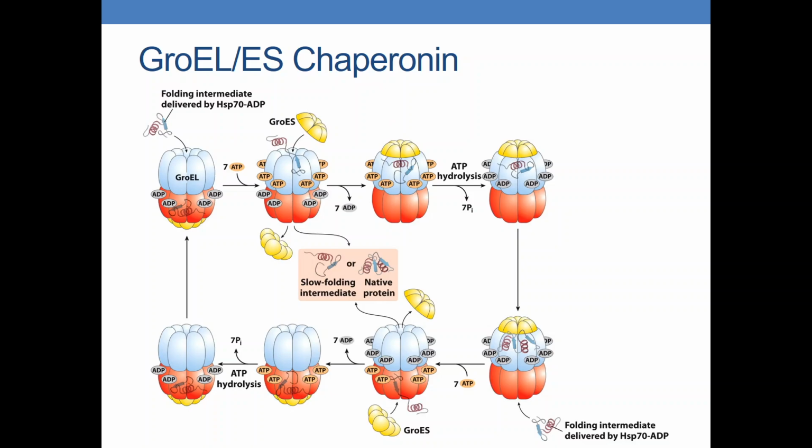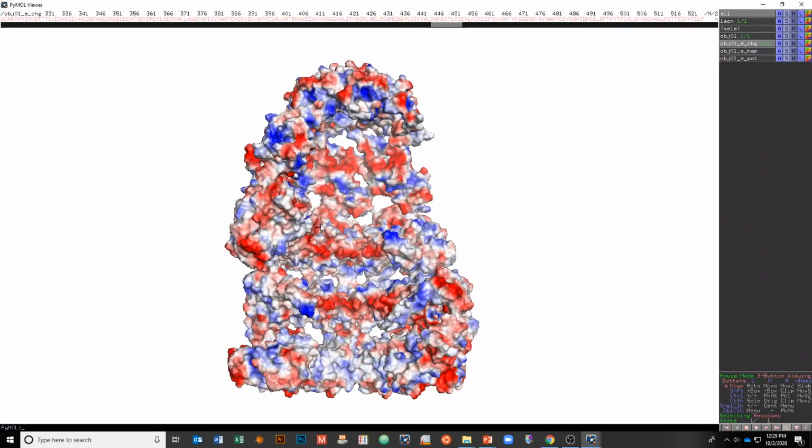So now, ATP is going to hydrolyze in a concerted fashion such that all 7 of those ATPs are hydrolyzed to ADP. This leads to a very large-scale conformational change in that cis ring. Now, this is really very important to take note of because this transition that drives this conformational change is going to lead you back to this.